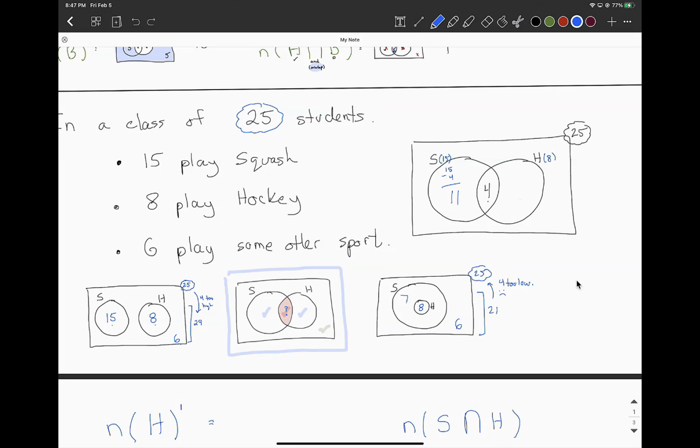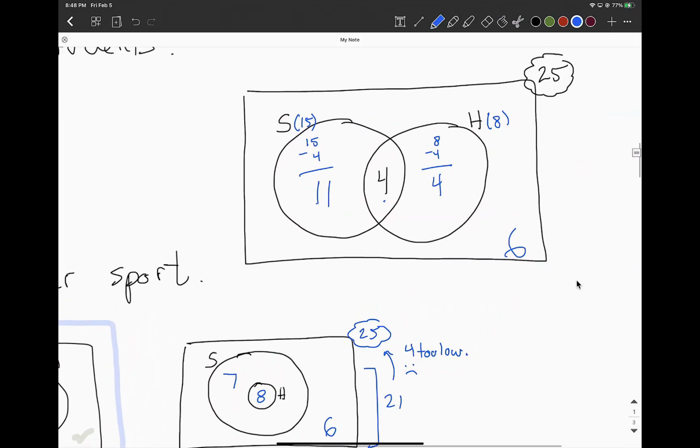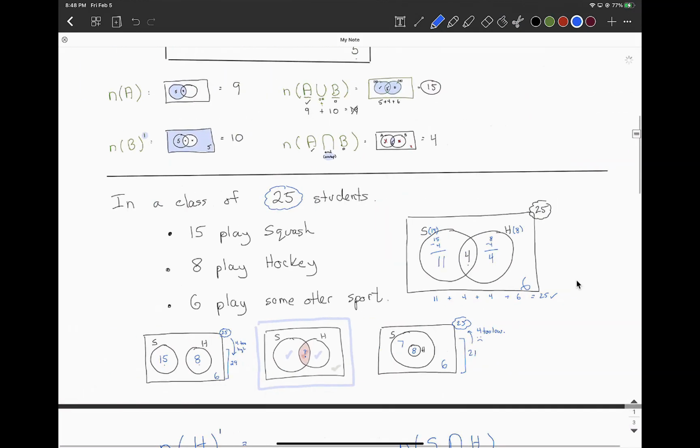This is 8 minus 4, which leaves me 4 people who now only play hockey. With the 6 people on the outside, is it going to work? Does 11 plus 4 plus 4 plus 6 equal what we need? Boom, beautiful. Checked. That is our diagram, perfectly organized.